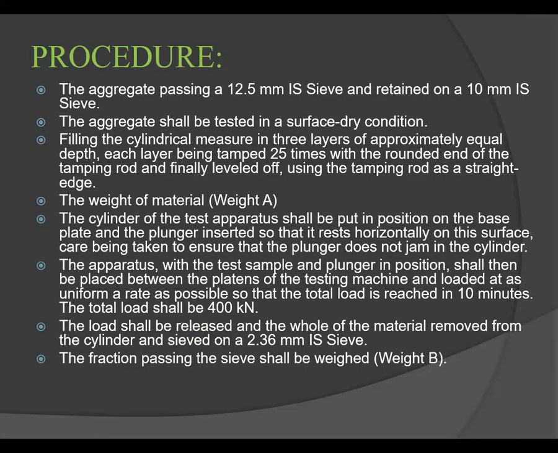Then let's see the procedure for finding the crushing value. Firstly, sieve the material through a 12.5 mm IS sieve and retain it on a 10 mm IS sieve, and the aggregate shall be tested in surface dry conditions.